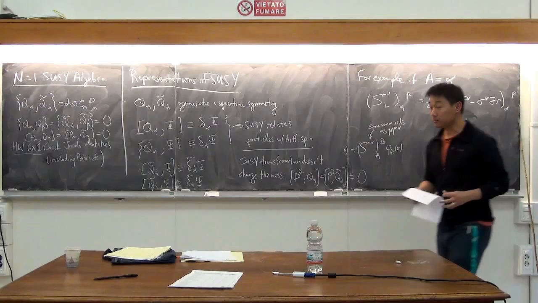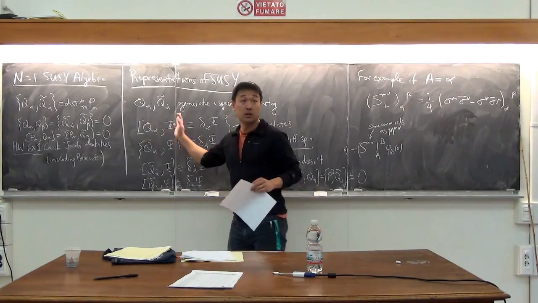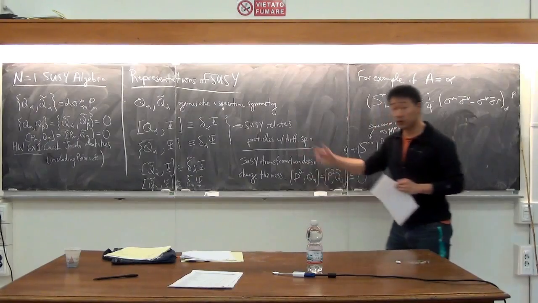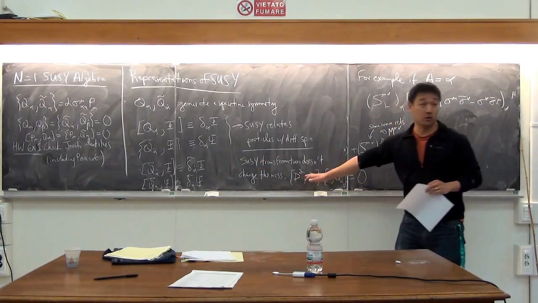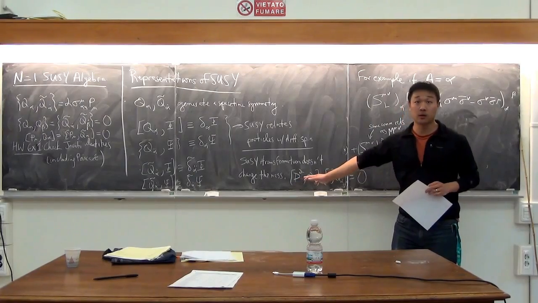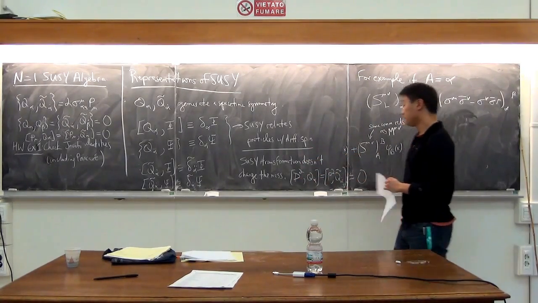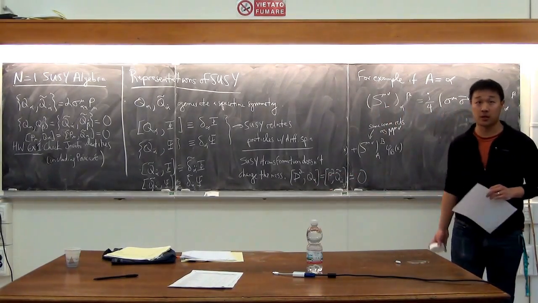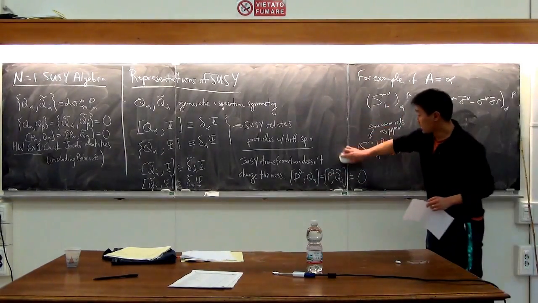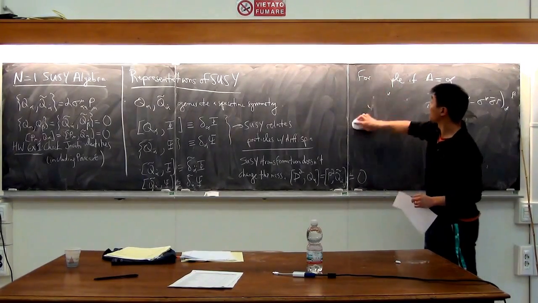Right? So if I act with Q alpha on the field, or Q tilde alpha dot, and then I go measure its mass with p squared, I get the same mass as these two. So that's the one very basic thing about supersymmetry, which probably all of you have heard before: particles in the same supermultiplet have the same mass.